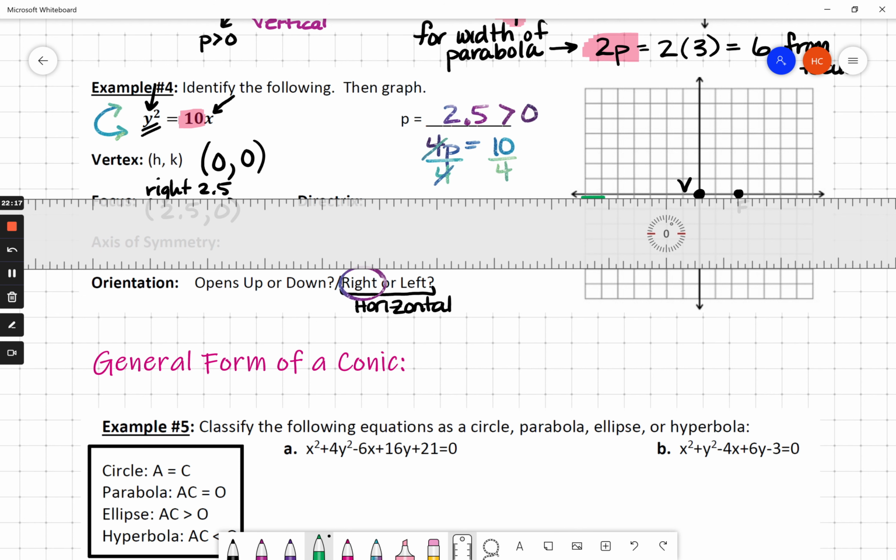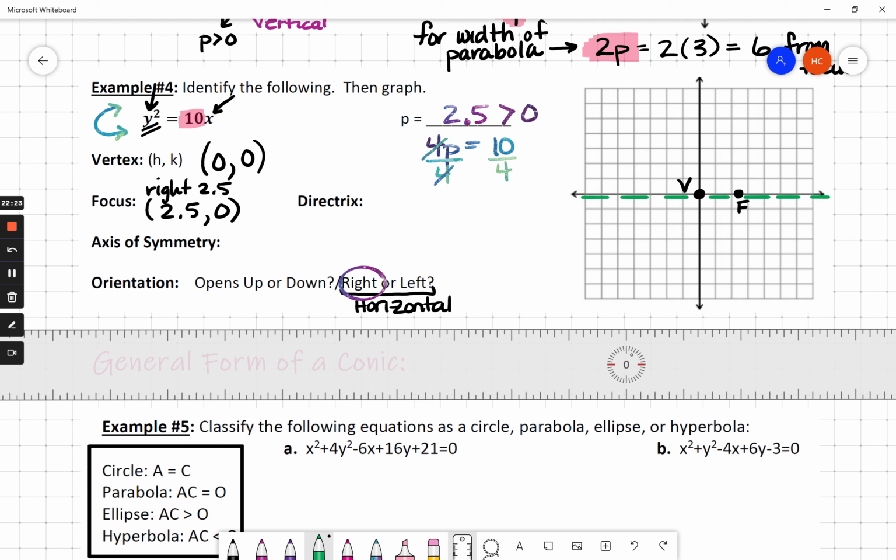I'm drawing this horizontal line that goes through both of these, the vertex and the focus. Now, is it going through the x-axis or the y-axis? We notice it goes through the y-axis. This is our axis of symmetry, by the way. So we're going to say y equals 0 is our axis of symmetry.